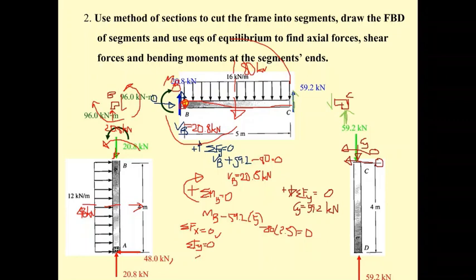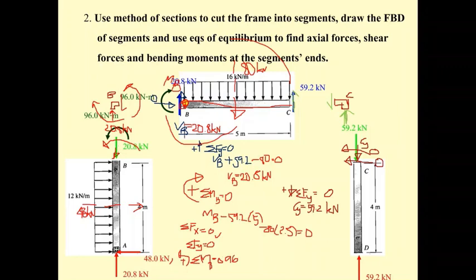And if you like to do summation of the moment, about B, and if it's equal to 0, this one is 96, rotating this way, is plus 96.